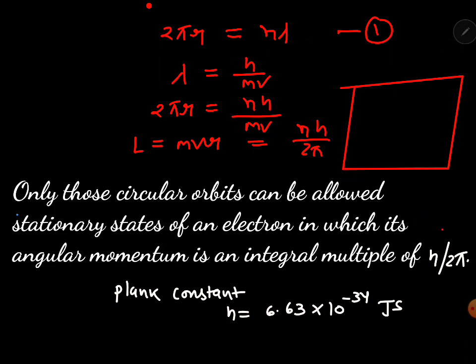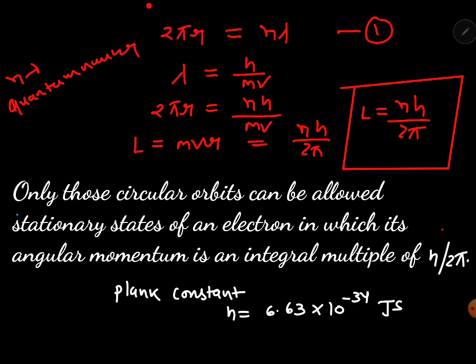So we get this quantization condition: the angular momentum should be equal to nh upon 2 pi, where n is the principal quantum number, h is the Planck constant, and pi you know.